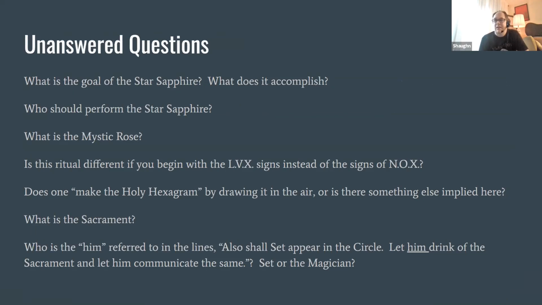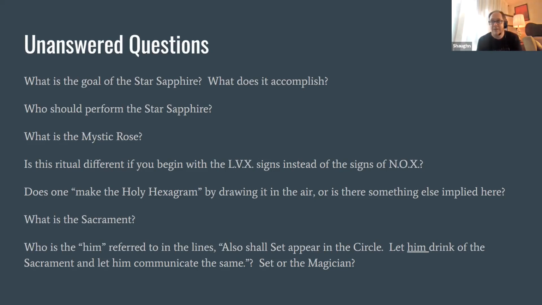I think if the commentary can be used as a reference, if this is the Thelemic version of the hexagram ritual, then presumably that means that there's some kind of macrocosmic force that is invoked. Yeah, I would say. But again, I don't know for sure.